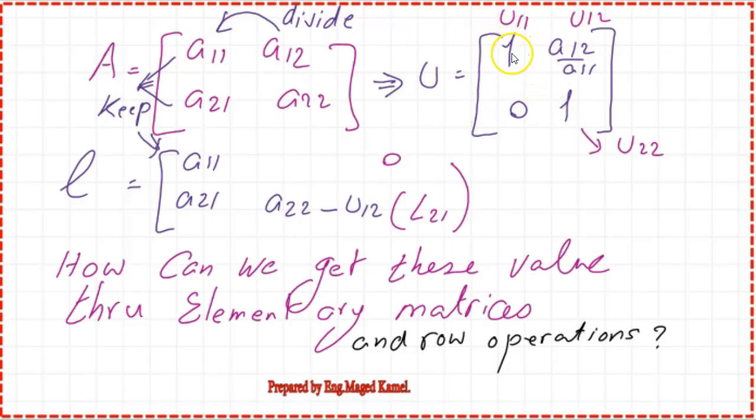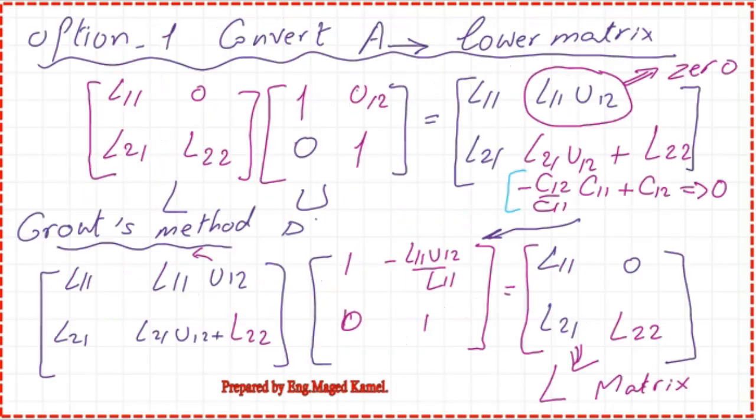One element U11 equal to 1 and U22 equal to 1, and this value U12 is equal to A12 divided by A11. But how can we get these values? Through row operations and elementary matrices that we are going to see in the next slide. We move to the next slide. We call option 1 the option we are going to use by converting matrix A into a lower matrix.